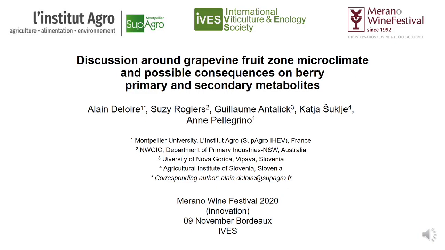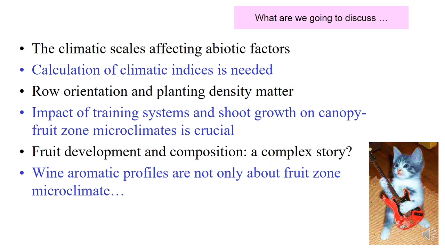Good morning. It's my pleasure to share with you along this talk some information on the effect of abiotic factors on vine functioning. I did prepare this presentation with some of my colleagues from Australia and obviously France and Slovenia. So I'm going to share with you some information on the climatic scales, the calculation of the climatic indices.